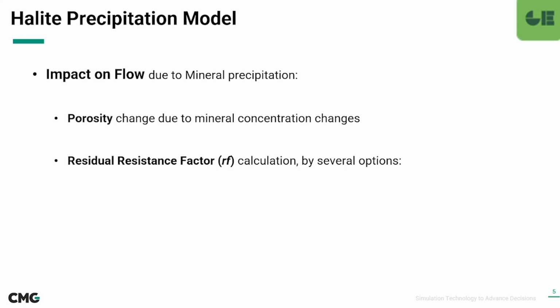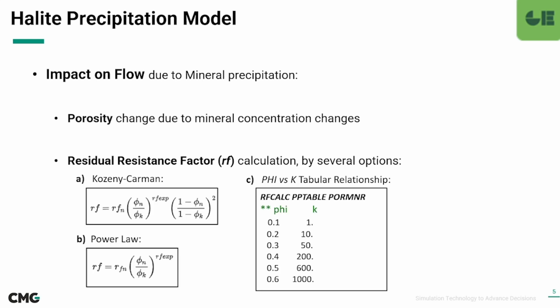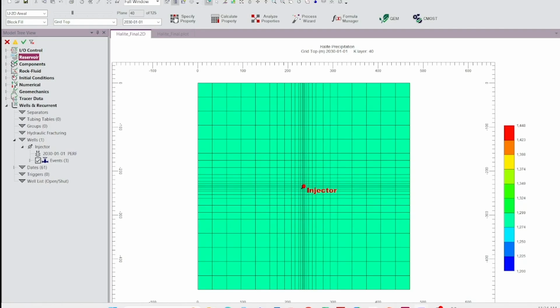This residual resistance factor is a scaling factor for the effective permeability of each phase. So the options available are the Kozeny-Karman model, the power law model, or alternatively the user can input a porosity versus permeability table directly into the dataset. In this example we are using the power law. So let's see how this case was set up.